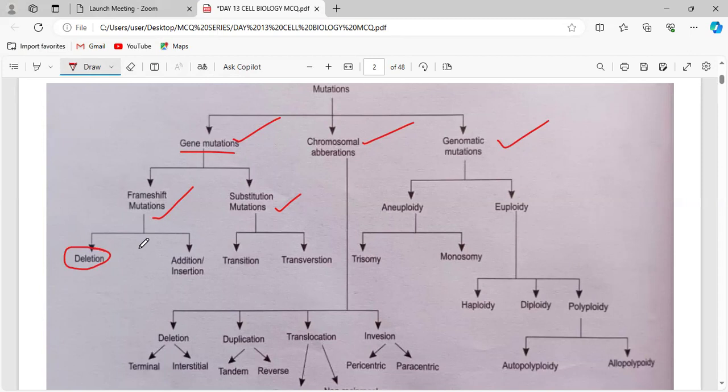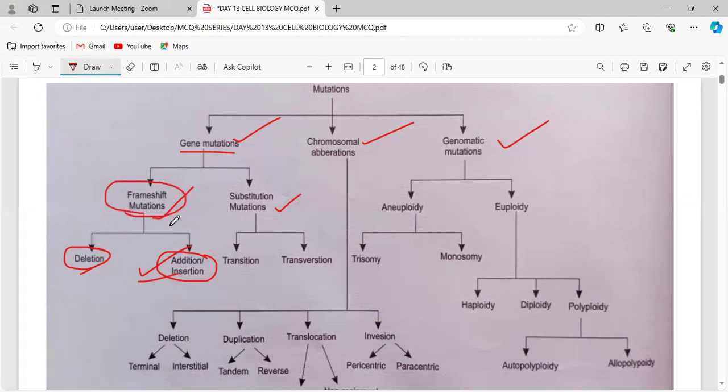If some of the nitrogenous bases in the nucleotides have been deleted, that comes under deletion. And if some nucleotides are added or inserted in the middle unknowingly, that is called insertion.